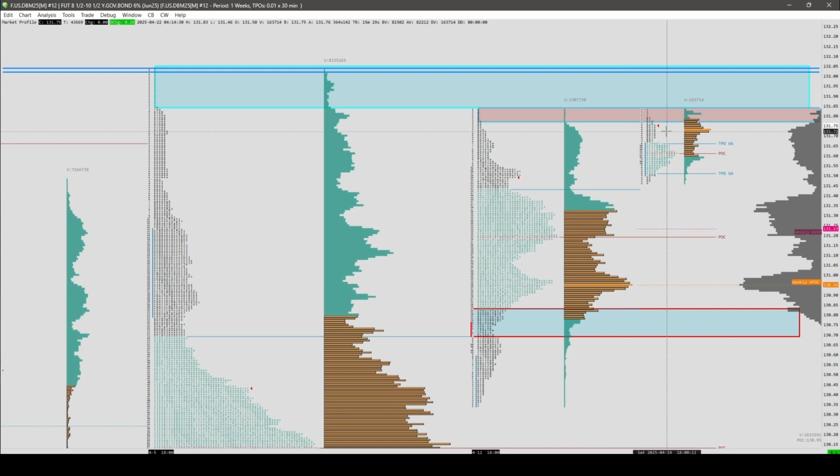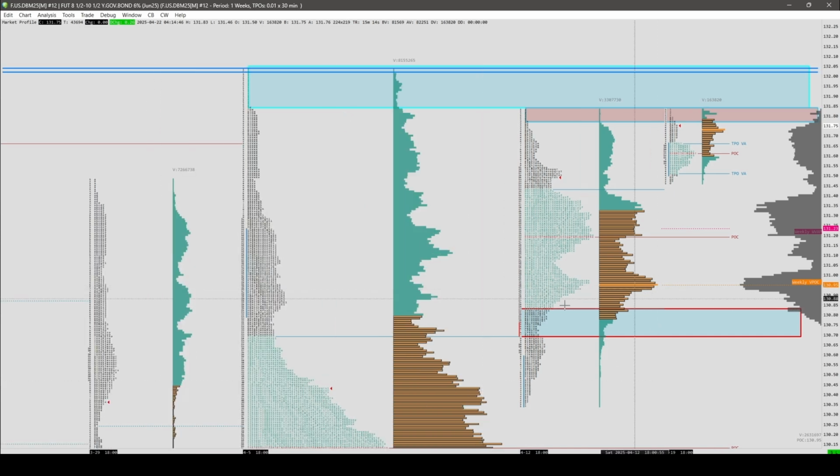So if the market is going to be rallying down and breaking all those areas, I will be looking at this box right here. The prices for that are going to be 130s, 69s to 130s, 83s.